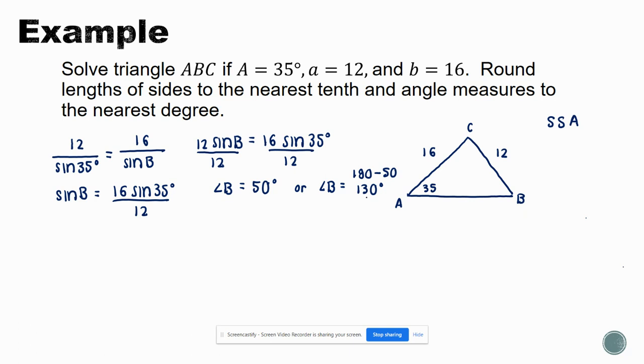So if I add 35 and 130, I am hoping to get something that is less than 180. And notice that when I add those two numbers together, I do get something that is less than 180. So that indicates to us that we do have two triangles this time.